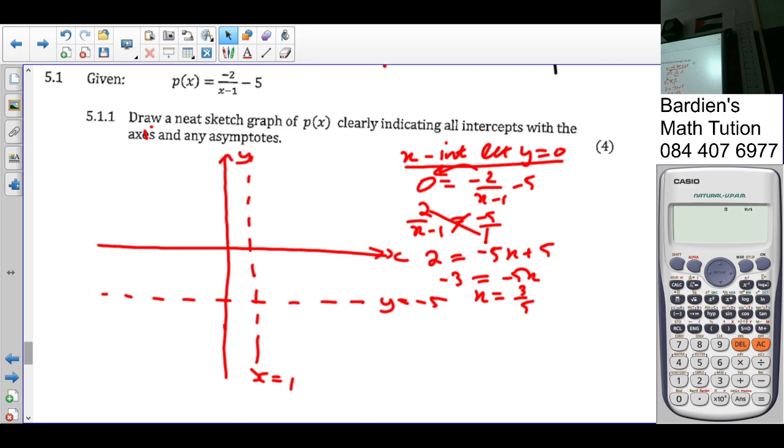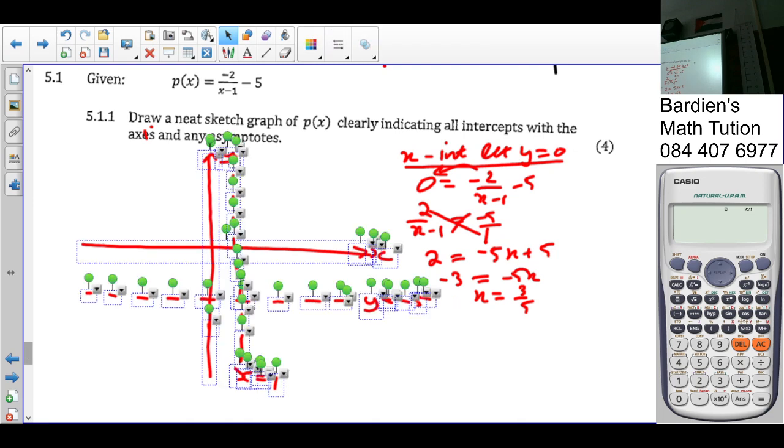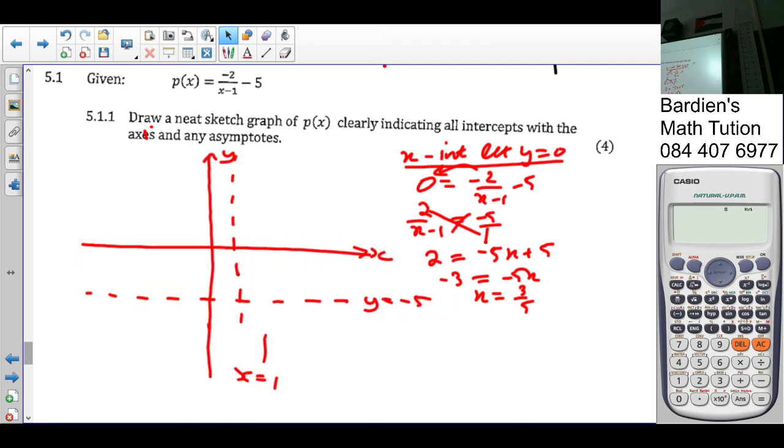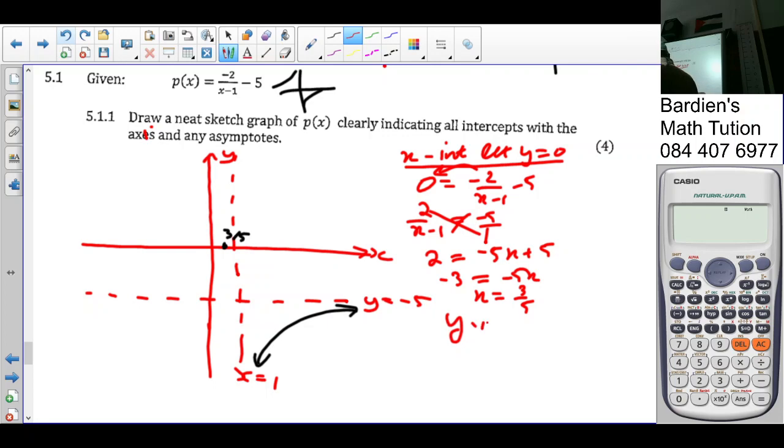So 3 over 5 is fairly close here, not so? As we see, that's negative, so it's going to lie in quadrant 2 and 4. So let's look at the y-intercept. What do we do for y-intercept?